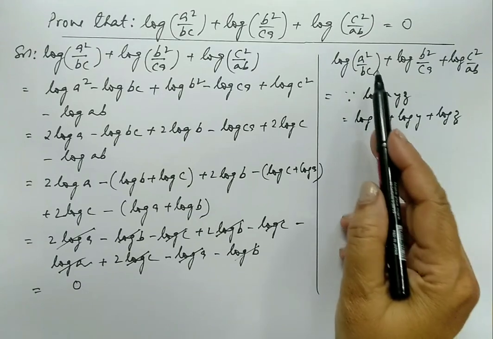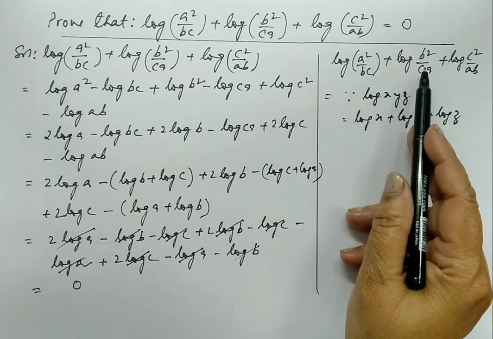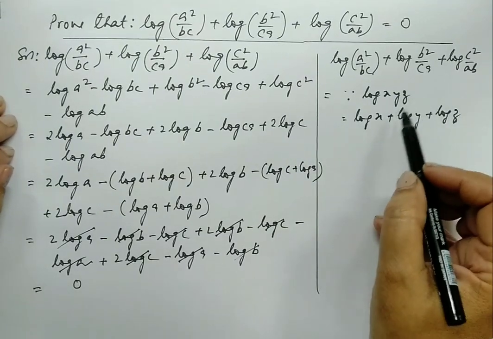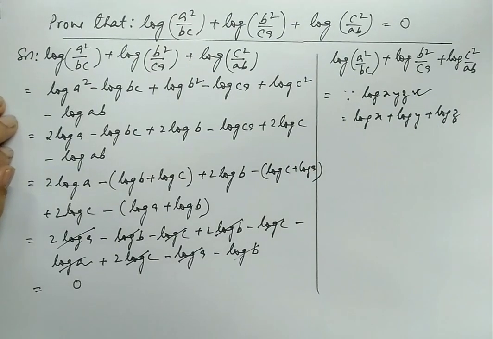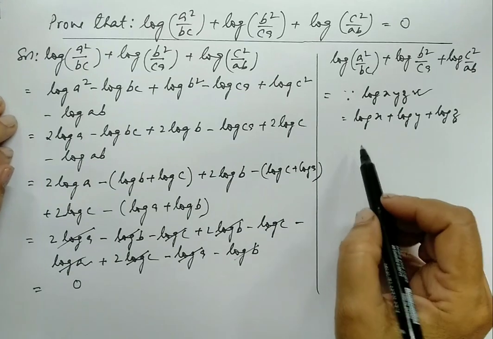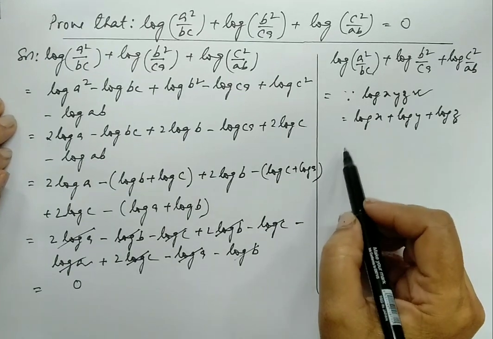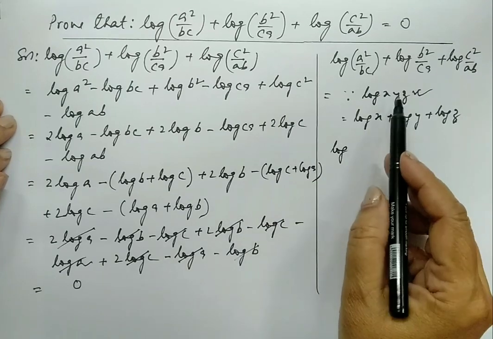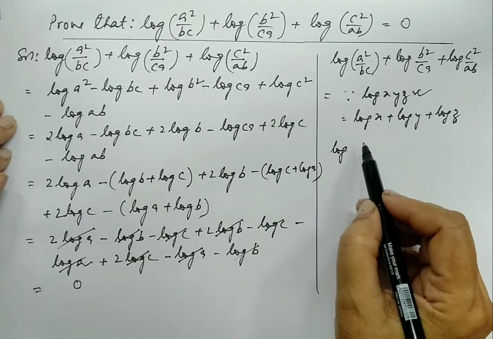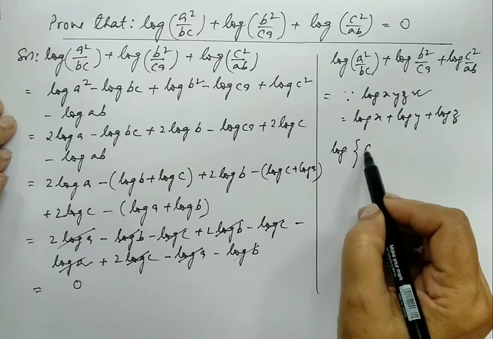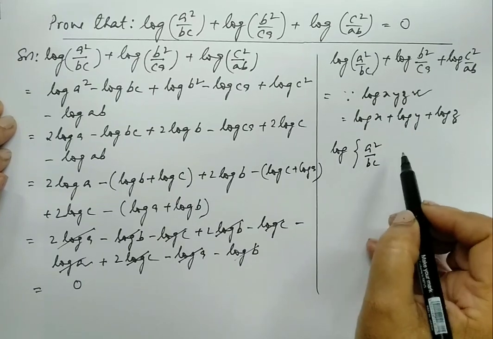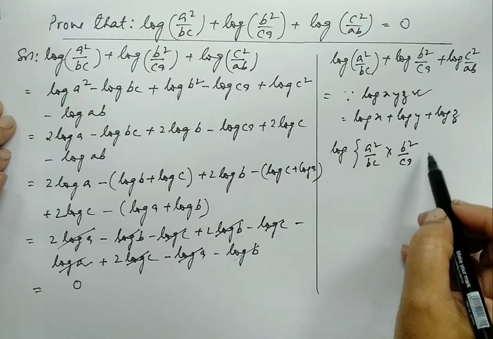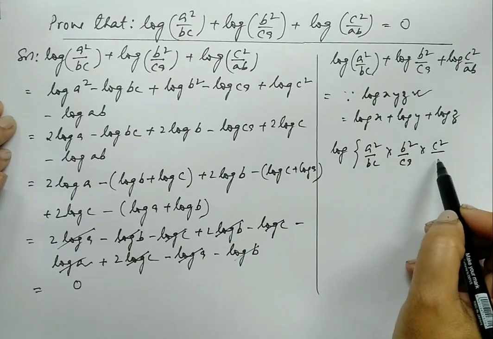This is my x, this is my y, this is my z. So this entire thing is equal to this, correct? And vice versa, which means log xyz, a square upon b square multiplied by b square upon ca multiplied by c square upon ab.